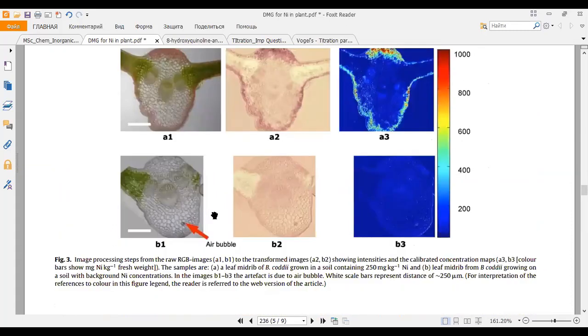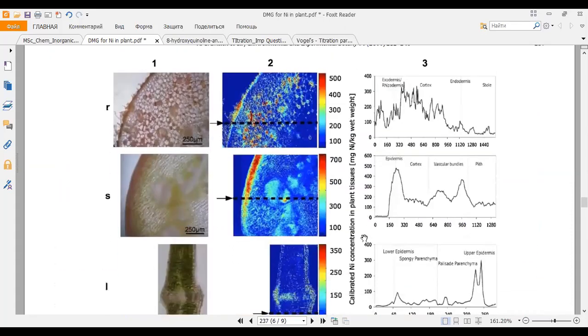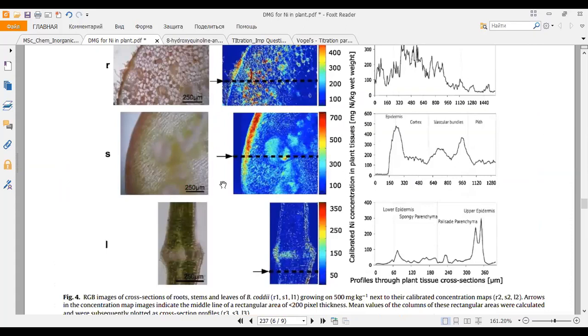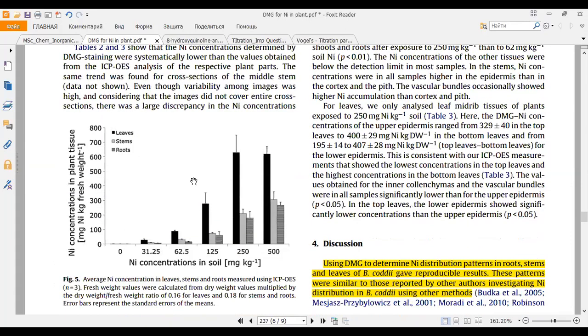Like here you can see these pictures where they're looking at the colors, the different colors. And this is how the graph is, and then convert it into the picture. Okay, and this picture will show you the color. And they came up with the graph. So this is the summary graph. Okay, how the nickel is present, you can see that in this plot, dark color is for leaves, and the other one, the stem, is very less dark, gray color, and the root is medium dark with some stripes.